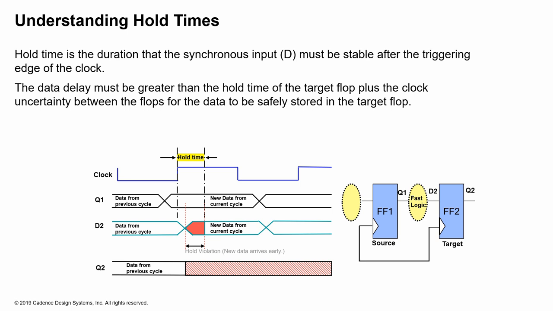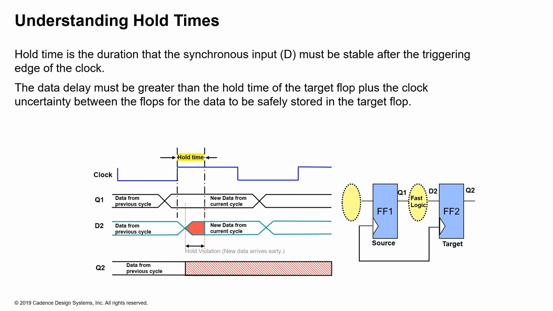Therefore, you can correct the hold violations by providing some data delay. You can decrease your clock uncertainty in the design, or you can also add delay cells.